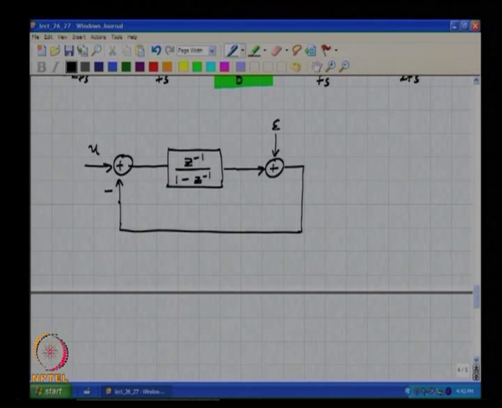So, all I have done is, this is a familiar discrete time loop. As far as the loop is concerned, we want to make sure that the transfer function from E to V here is 1 minus Z inverse. So, V must be 1 minus Z inverse times E, and if the gain of the loop filter is high enough, the STF will be 1 at DC, correct. So, for the time being, let us not worry about the STF.